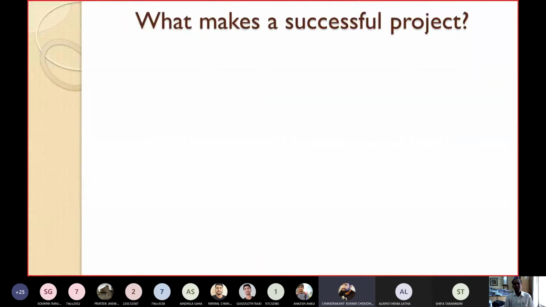So now let's see what makes a successful project. How can you make your project successful? What factors should you follow? First is delivering. This is one important aspect. Delivering has a few sub-items, like agreed functionality.